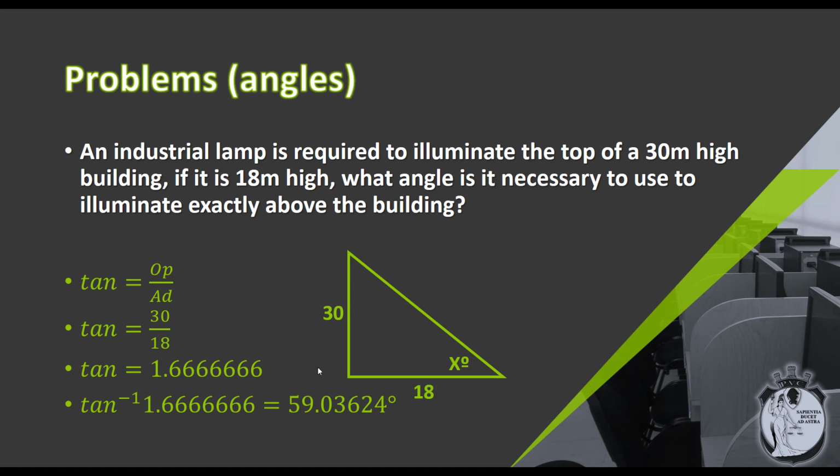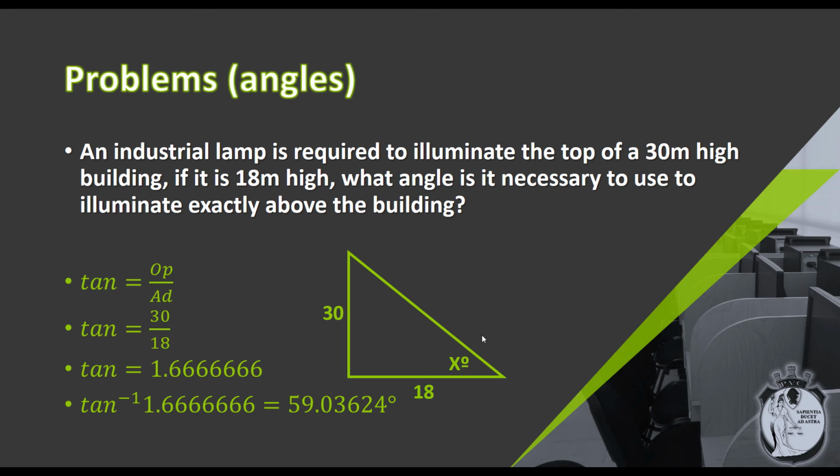You need to understand that this side is the building, 13 meters high, and the distance between the lamp and the building is 18 meters. So if you want to illuminate the top of the building, you need to calculate the angle of that triangle.